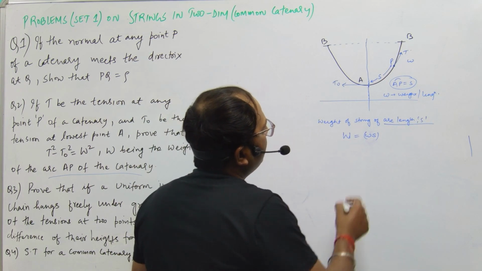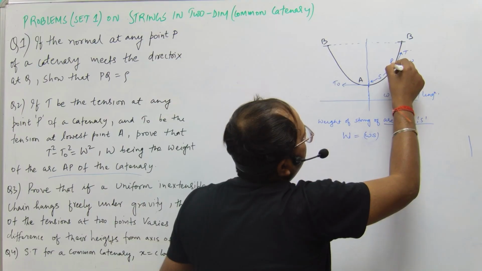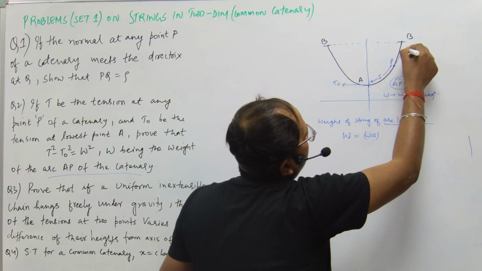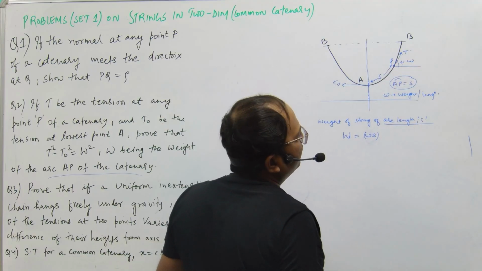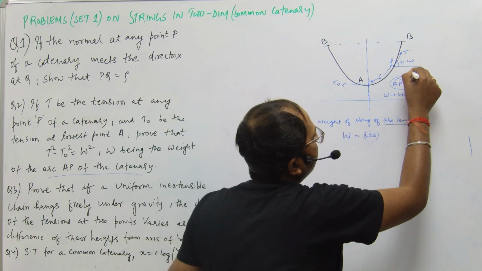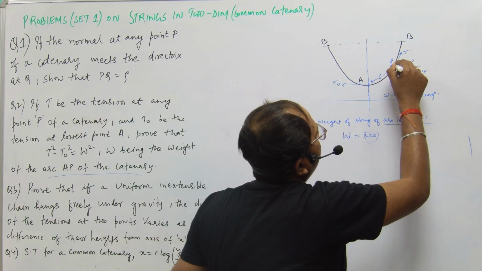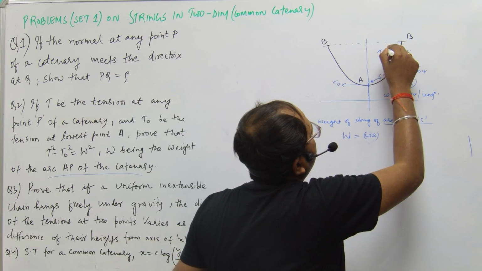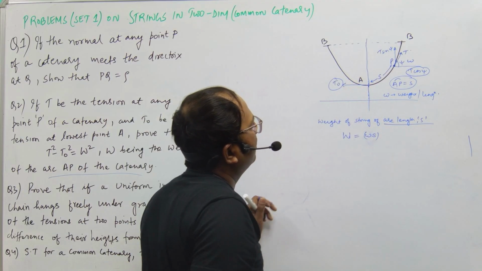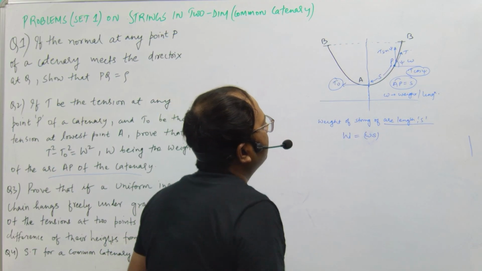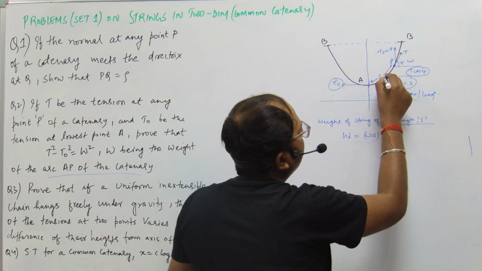Okay, so let us resolve this. This is the tension T at point P. It will make an angle of psi with the horizontal, obviously. So the horizontal component is T cos psi and the vertical component is T sin psi. The horizontal component T cos psi is equal to T naught, and the vertical component will be equal to the weight of this string, which acts at its center of gravity.